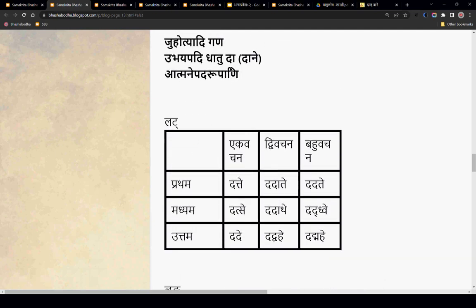The dhatu is da, but there is a pattern even before the last letter. Dadati, dattah, dadate. So the da is being repeated here. That pattern is in the third gana.